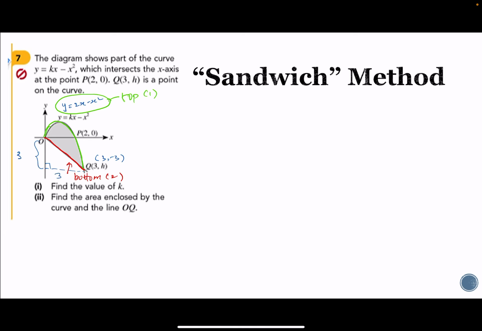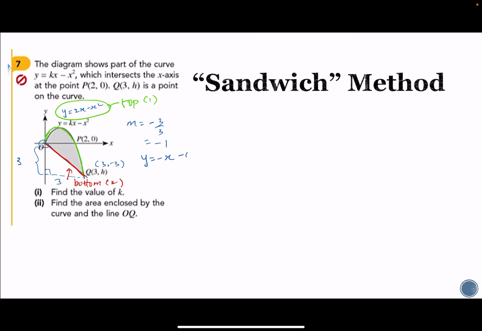So the gradient is rise over run in a downward way, so it will be negative 1. Since the line passes through the origin, there is no y-intercept, so it's just going to be the equation y equals negative x. Not too bad. You can still come up with the equation on your own. So this will be your equation 2.